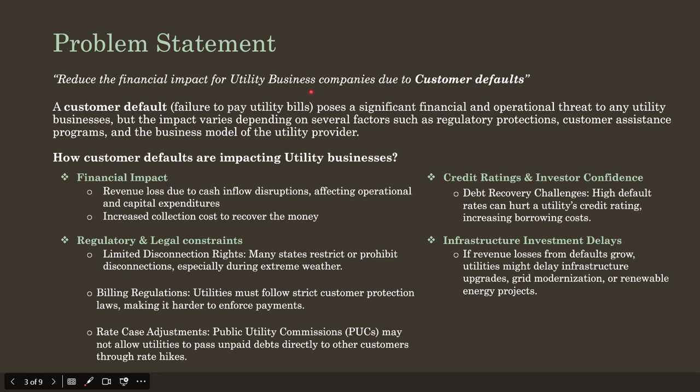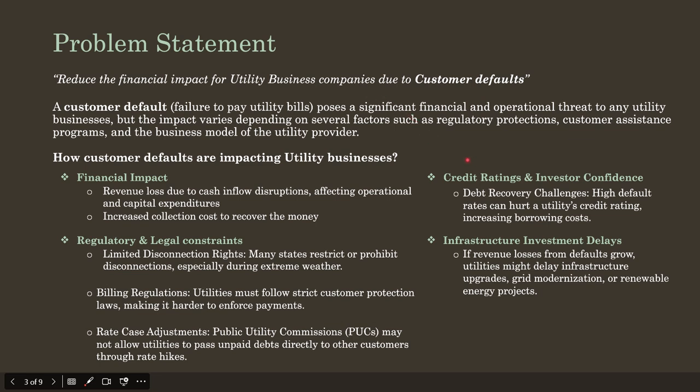But the impact varies depending on several factors such as regulatory protection for the customers who are failing to pay the bills, the customer assistance programs, using which customers can make the payment, if not the full payment, then some sort of partial payment, and the business model of the utility provider.